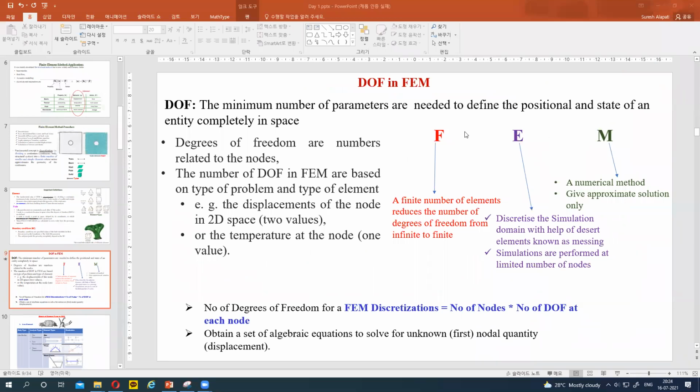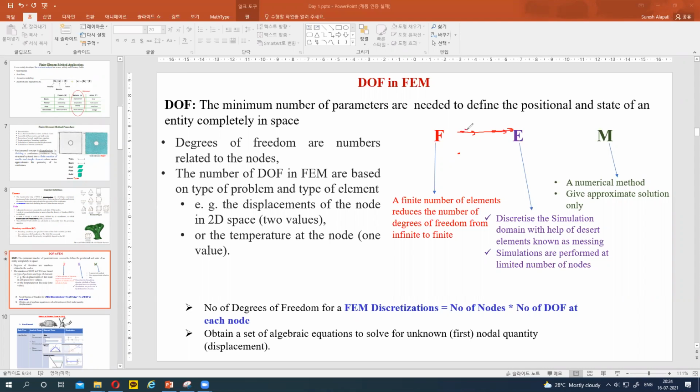And what are the degrees of freedom? The number of degrees of freedom depends on the number of nodes and the type of problem we are considering. Okay, and if it is a one-dimensional problem, we only solve for displacement. So if we consider a structural problem and a one-dimensional line element, we are only solving displacement in a particular direction.